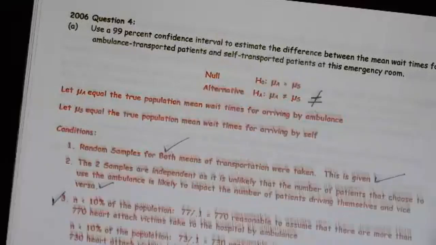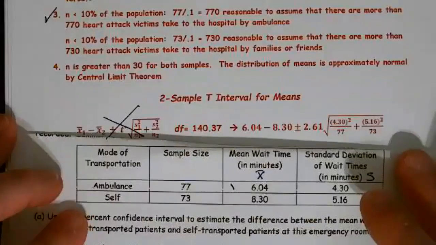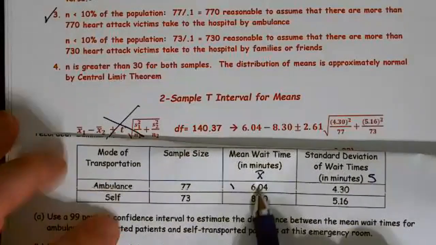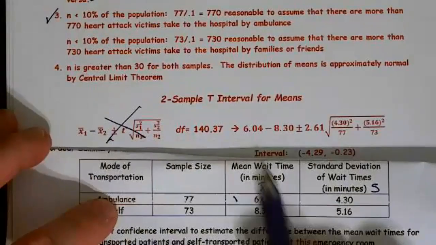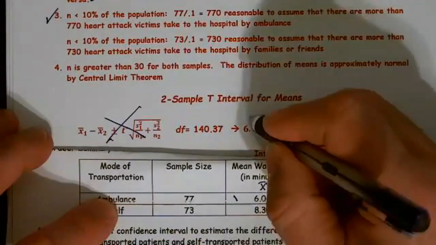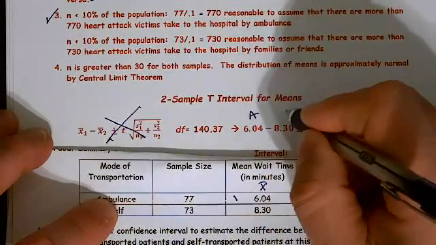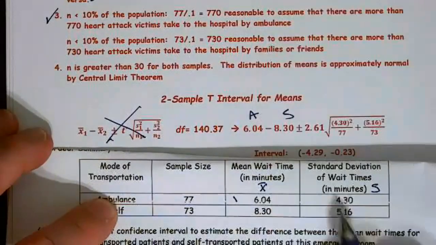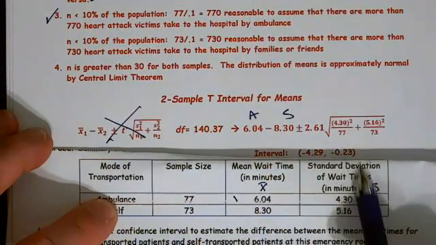There we go. All right, so the values are, as I have my 6.04 minus 8.3. Now this is ambulance, and this is self. And there are my standard deviations, etc.